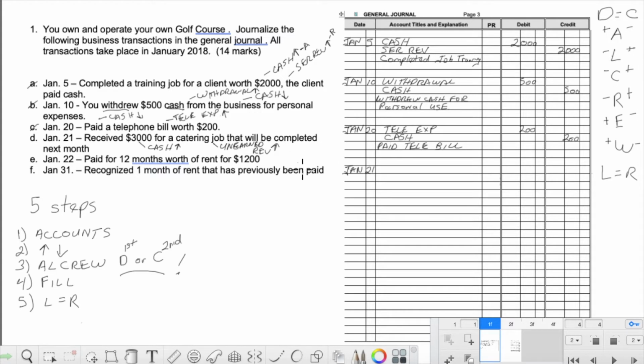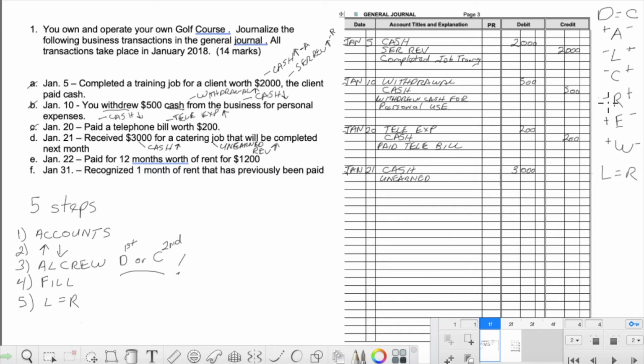All right, so now we're good. So the first account, because we know, is cash. And it was $3,000. Okay. And the second one is unearned revenue. This is one of the ones that you've got to kind of memorize and red flag: when you hear a job will be completed next month, it's unearned revenue and it falls under a liability.